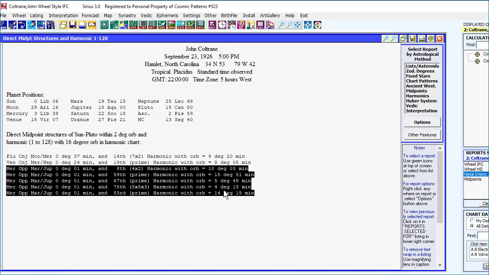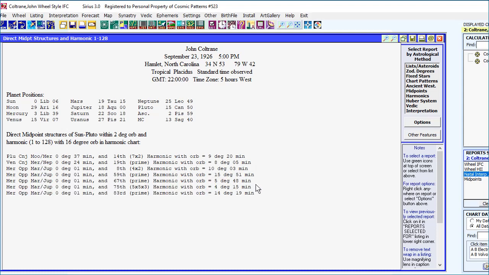And we look at the orb and we see this one is the tightest one, only 4 degrees 15 minutes. This can go up to 16 degrees. So 4 degrees 15 minutes, very, very strong 75 vibration, which is 5 times 5 times 3.